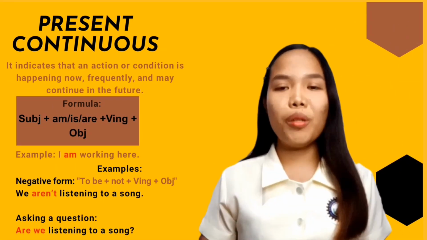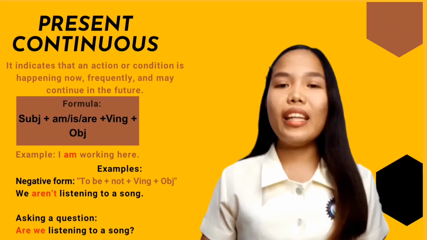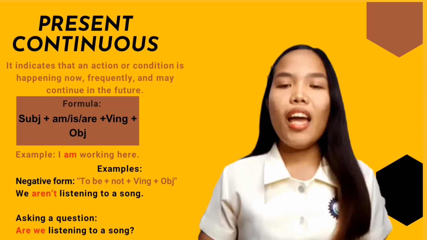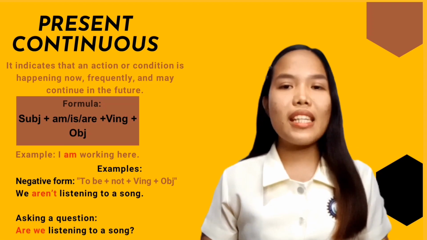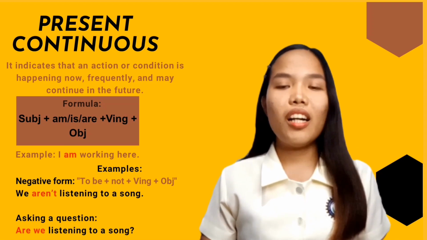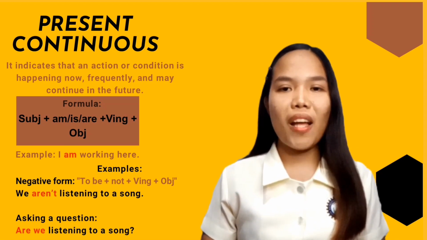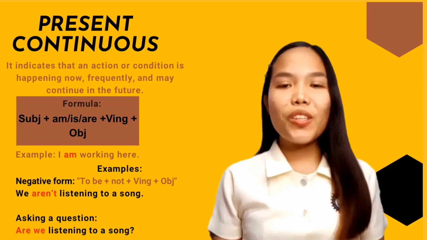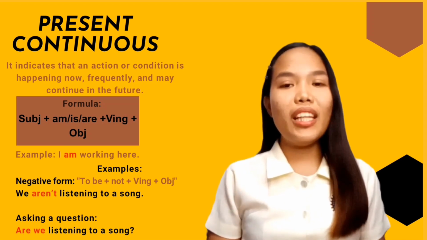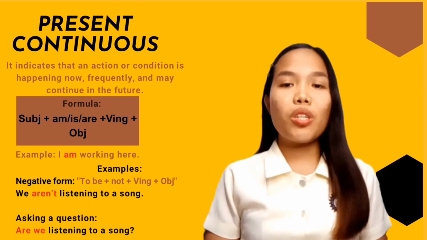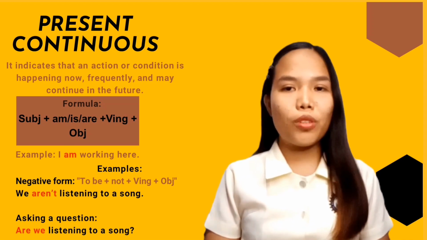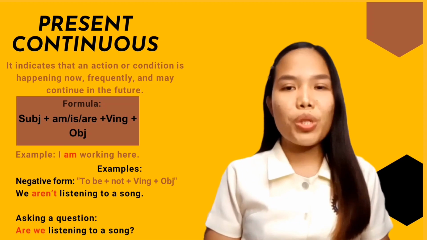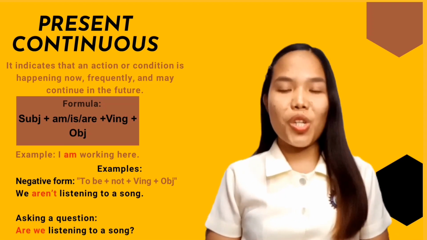Second is what we call the present continuous. It happens regularly. And the formula for present continuous is simply subject plus am, is, are, plus verb with ing plus the object. Present continuous is only applicable to dynamic verbs, which show actions or processes, and not to stative verbs, which include emotions, thoughts, and possessions.